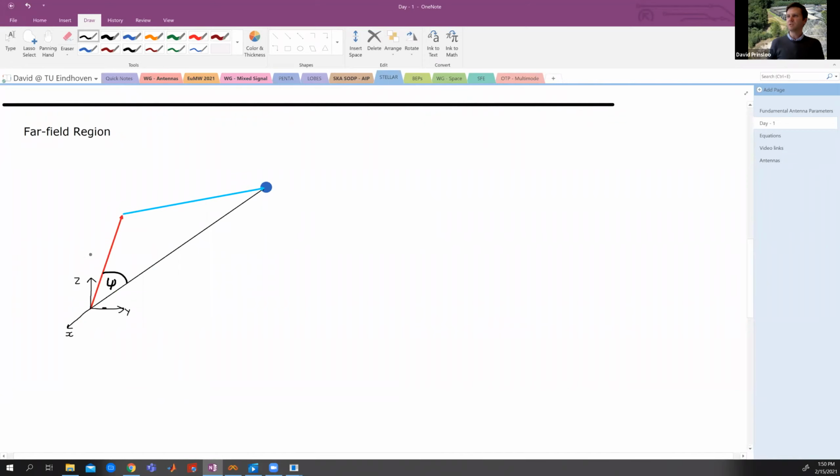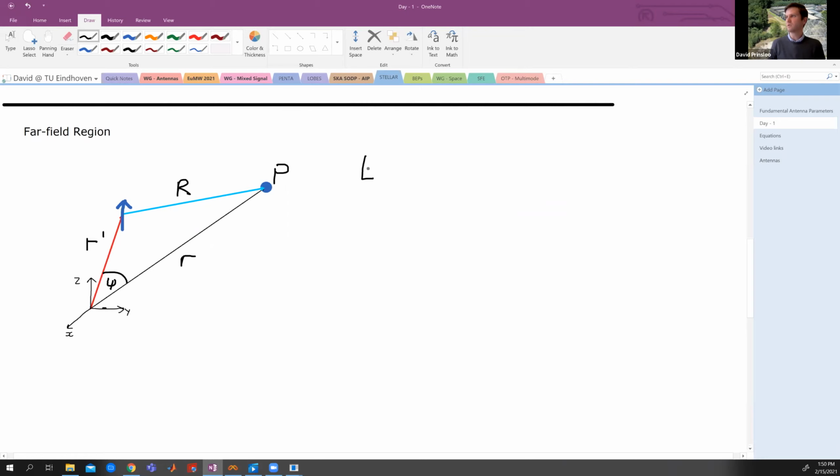As I just mentioned, we've got our electrical current source in space, and this is a distance R accent from the origin. We've got an observation point P, which is a distance R from the origin, and a distance capital R from the source. Now we define our electric field as follows.